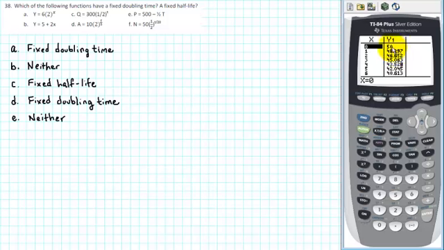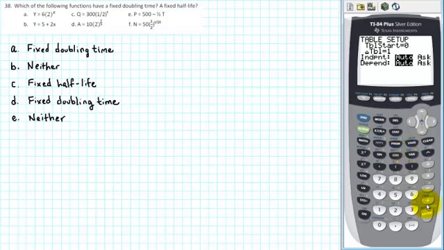We see that the initial quantity is 50 and that the y values are decreasing. So we want to check and see how long does it take for 50 to be cut in half to 25. Well, the y values are decreasing rather slowly, so again we might use a little bit larger increment. Let's go back to table set.